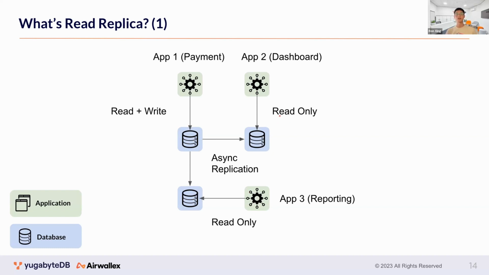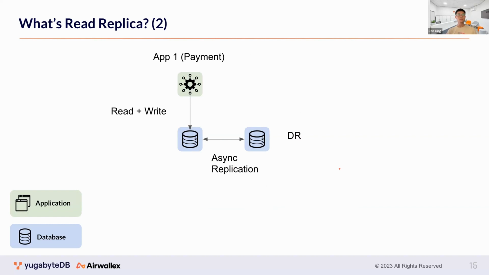So take note, this is a read-only request for your read-only replica node, and the data replication between the nodes is asynchronous. Then there is a second type of scenario. Same as before, you have a payment application, you read and write to your single database node, then you have another database node to replicate the data asynchronously, bidirectional, right?